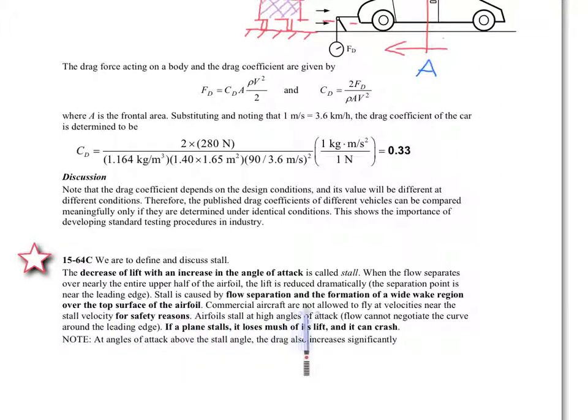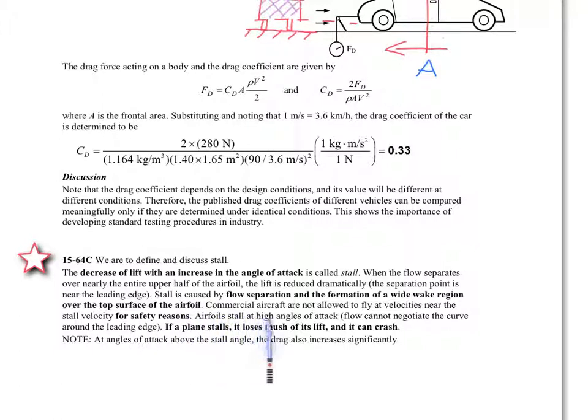Commercial aircraft are not allowed to fly at velocities near the stall velocity for safety reasons. You'll be surprised that this angle is usually around 15 to 18 degrees angle of attack.